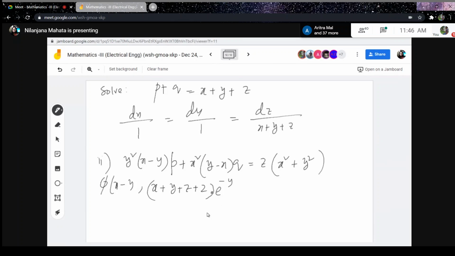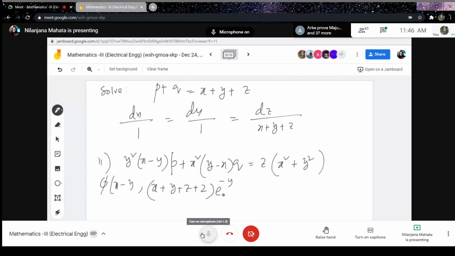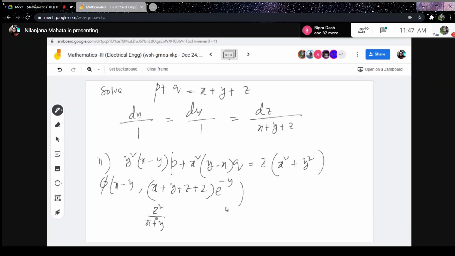Everyone is satisfied with the second equation, second solution? What is the second for you? Z square. And how did you get this z square?